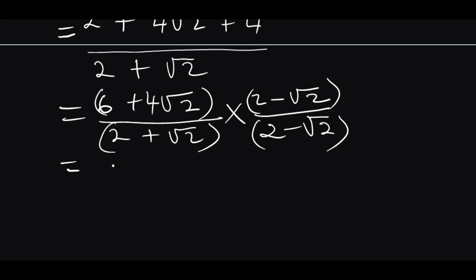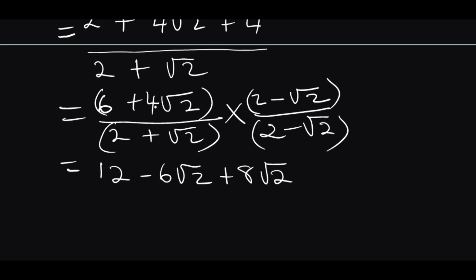6 times 2, there is 12. 6 times negative square root of 2 is going to be negative 6 square root 2. Positive 4 square root 2 times 2, there is positive 8 square root of 2.